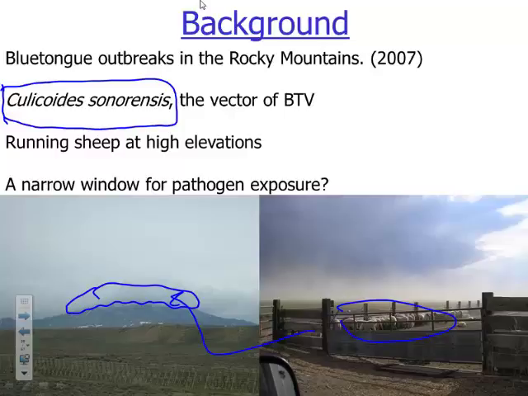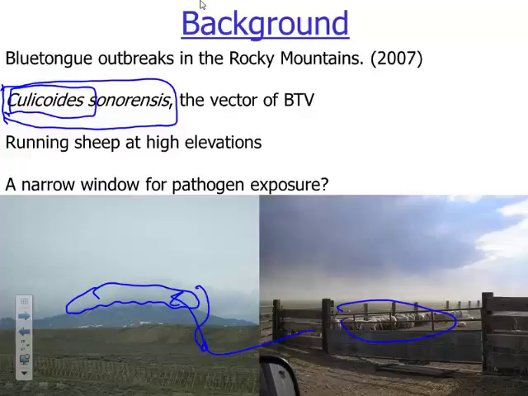But in late summer, early fall, depending on where you are in the mountains, you've got to bring your animals down to your ranch so that you can shear them, so that you're going to sell some of them off for food. And that happens to be at the time of year when there's a really large population of biting midges. And those biting midges have probably been feeding on wildlife and rams.